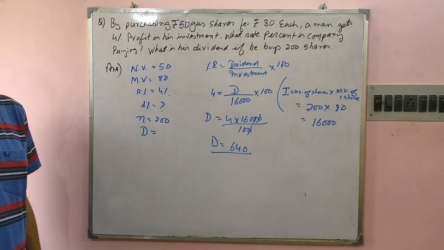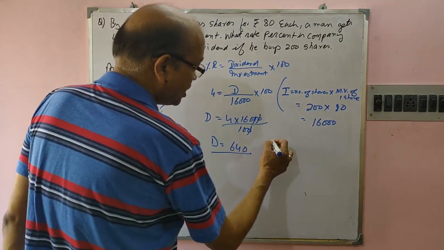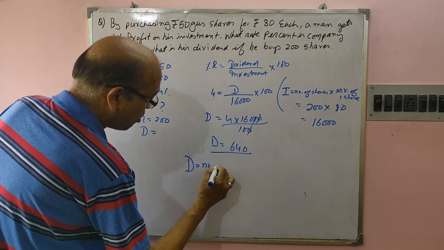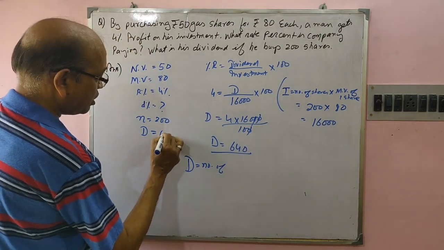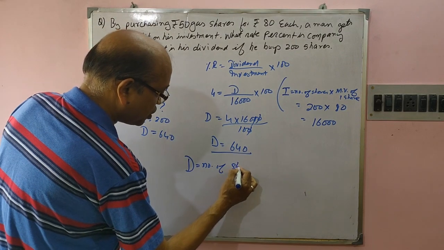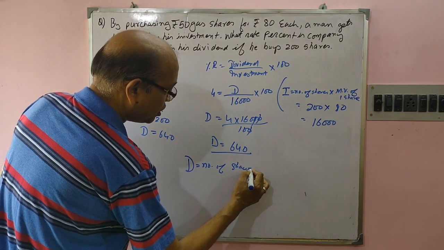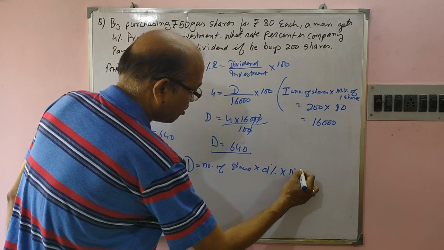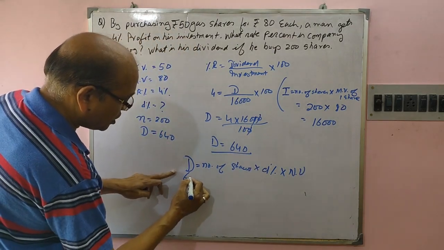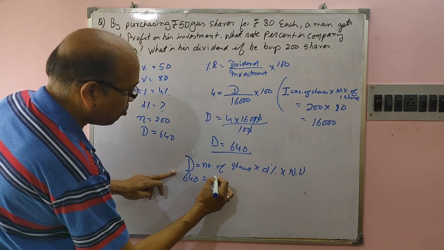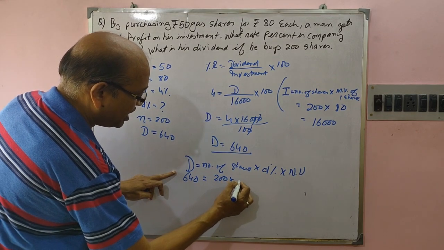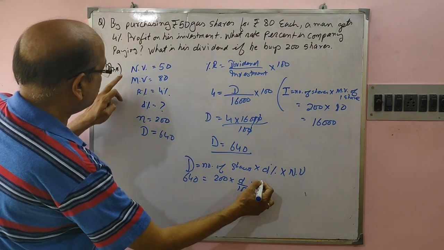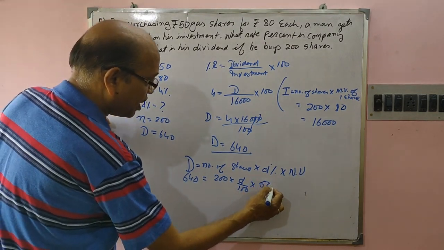We have to find D percent. Now what is dividend? Dividend is number of shares into D percent into nominal value. Dividend was 640, number of shares was 200, D percent I have to find out, into nominal value was 50.